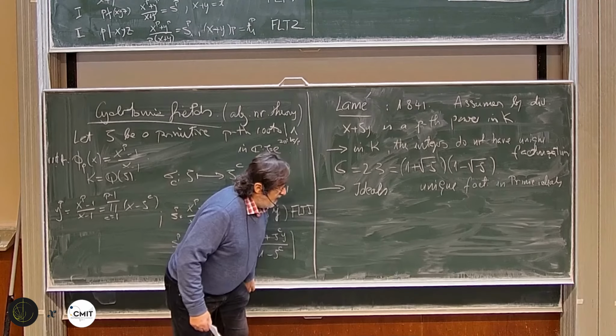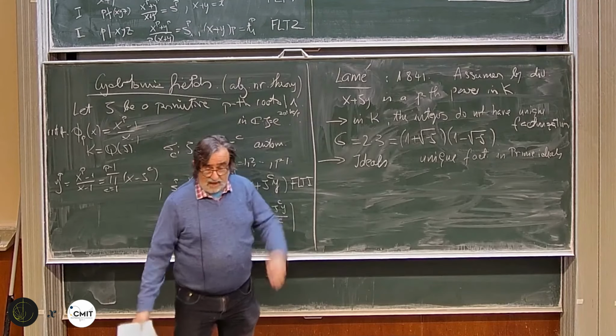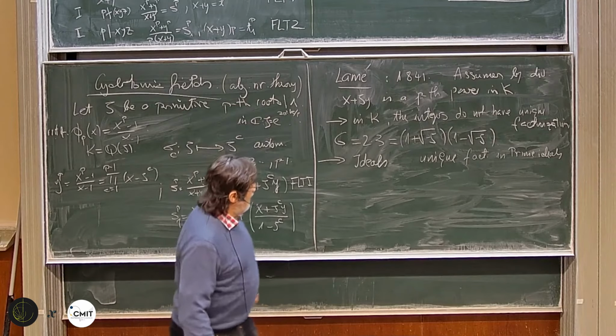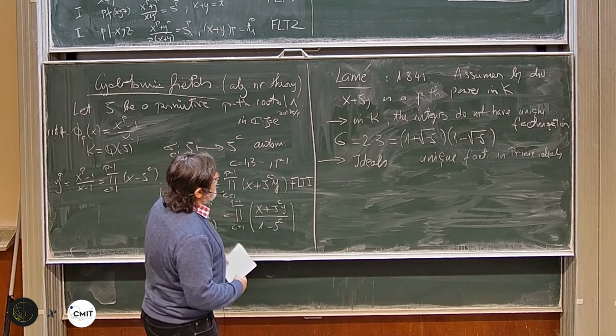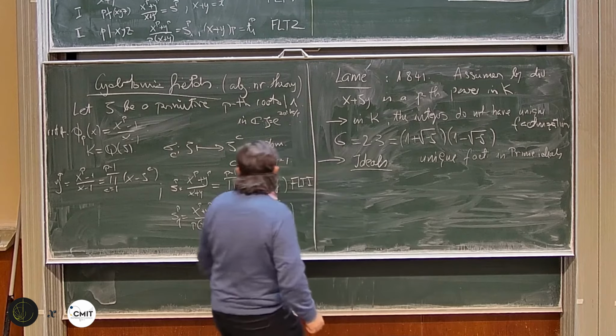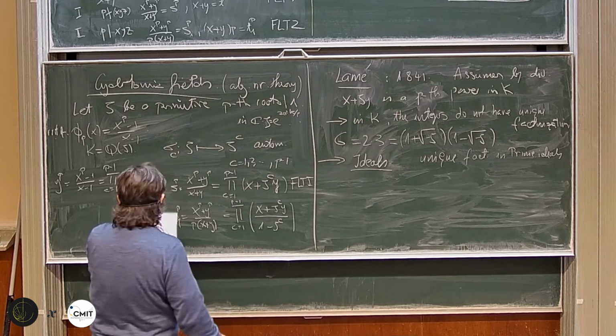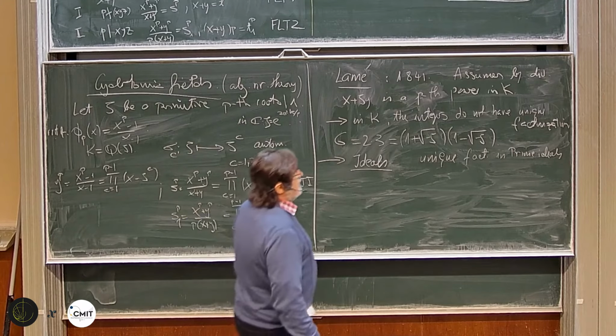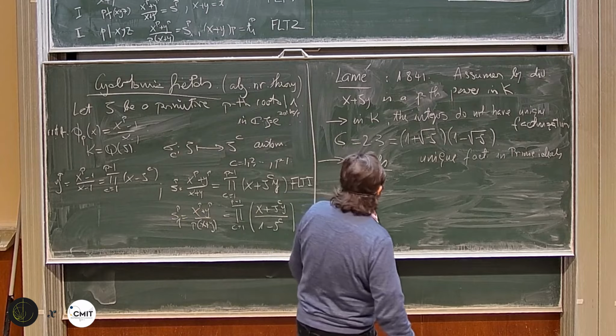Number fields are finite algebraic extensions of the rationals. So that is why Lamé was wrong, but this kind of factorization keeps its own interest.